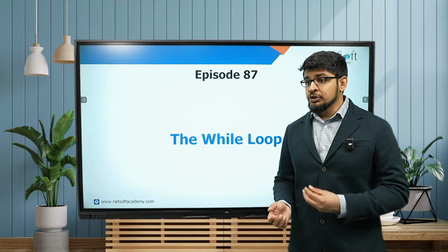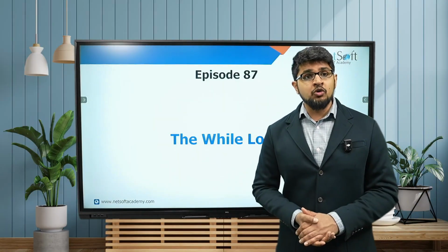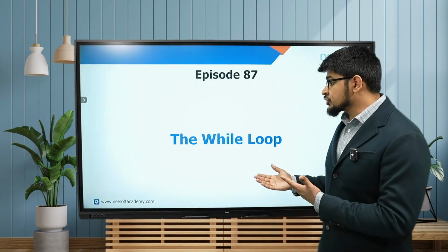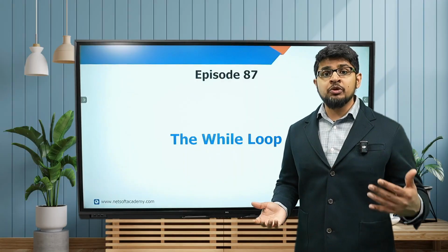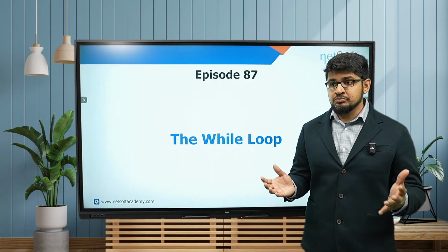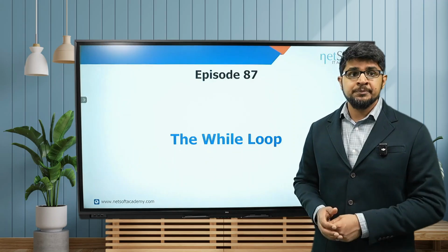The difference with the while loop is that it keeps running the code as long as a certain condition is true. So while a certain condition is evaluating true, the code will continue to repeat again and again. And when the condition evaluates to be false, then that is what breaks the loop.